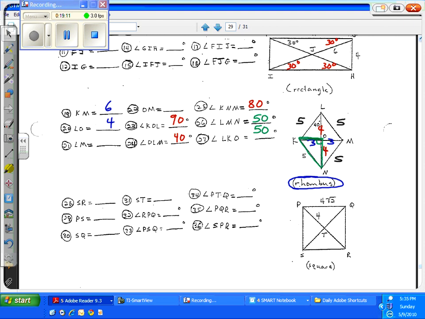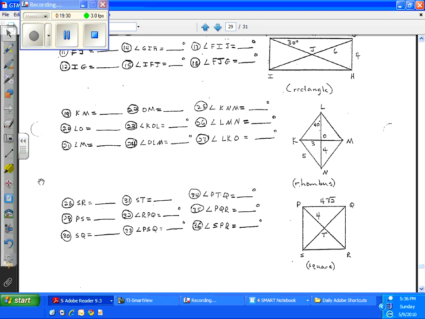LO, if 1/2 is 4, the other half is 4. LM, the sides of a rhombus are equal, so if one side's 5, they're all 5. OM is 3 because the diagonals bisect each other. Any questions on the rhombus?